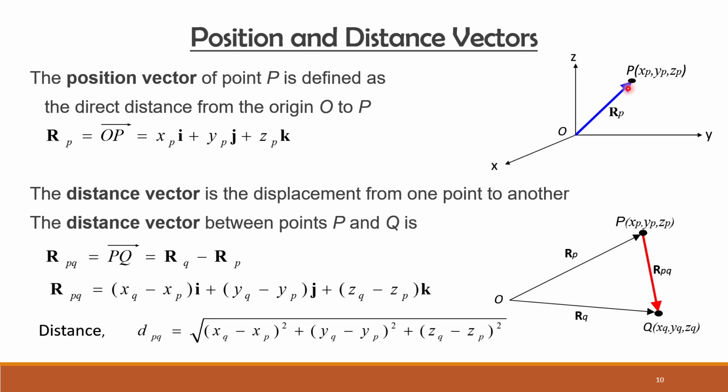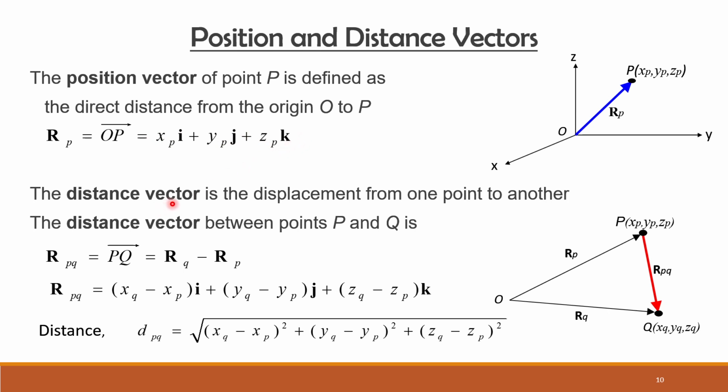The position vector starts at the origin, O to P. So the position vector of point P is OP, where O stands for origin, and OP is XP i plus YP j plus ZP k.